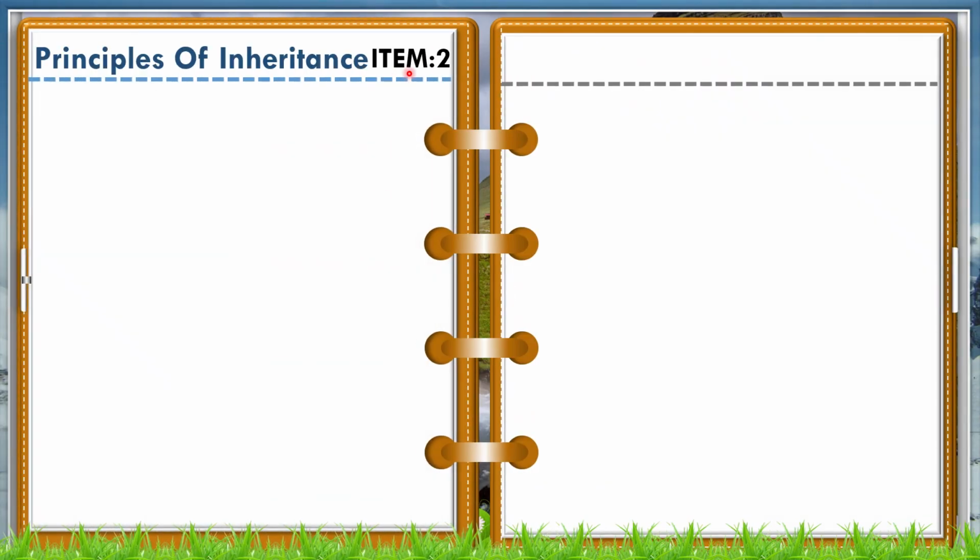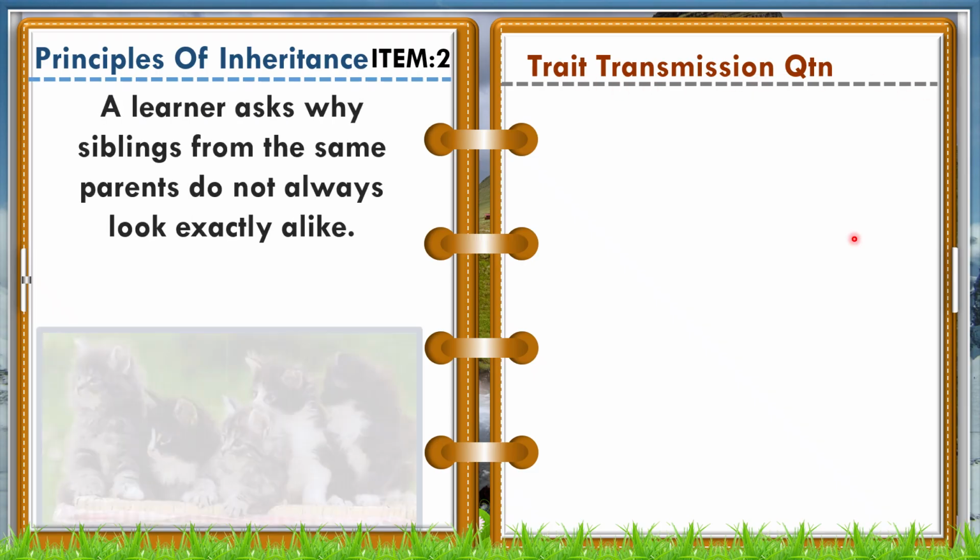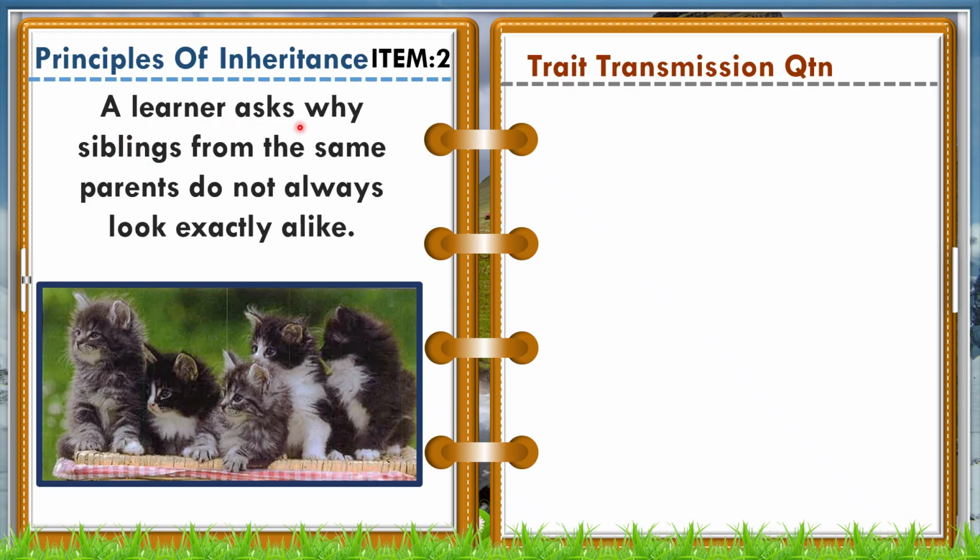Item 2, Principles of Inheritance. We want to look at the trait transmission question. Alana asks, why siblings from the same parents do not always look exactly alike?